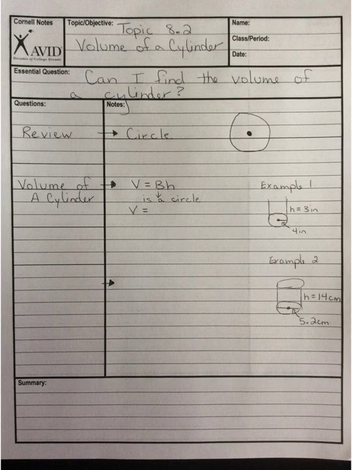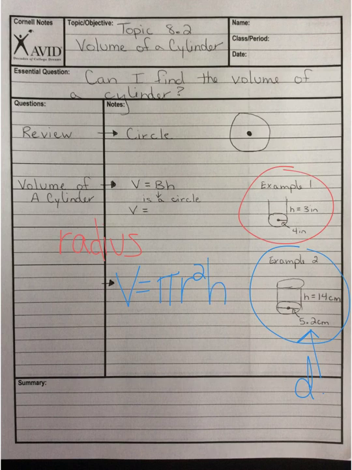So if we look back at our notes, this problem, example 1, that was done by having a radius. We found the volume of a cylinder with a radius, when the line was only halfway through the circle. Now we're going to find the volume of a cylinder, but what you're going to notice below in example 2 is that I gave you a diameter. I want to remind you about what our formula is. Our formula has not changed. Our formula is still the volume equals pi r squared times the height.